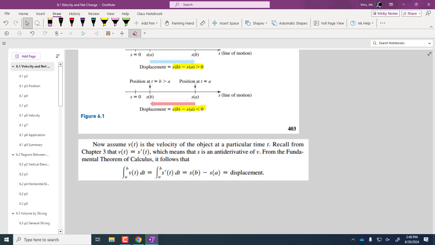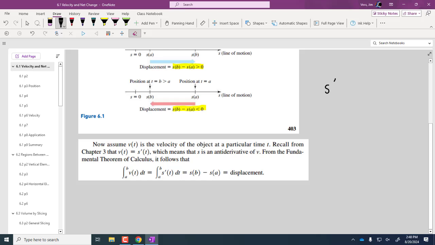Position, the rate of change of position is velocity, but then the rate of change of velocity is acceleration. Right? That's that sequence that you see in physics a lot. S, V, A. So if you start with the position and you take its derivative, you are going to get velocity.